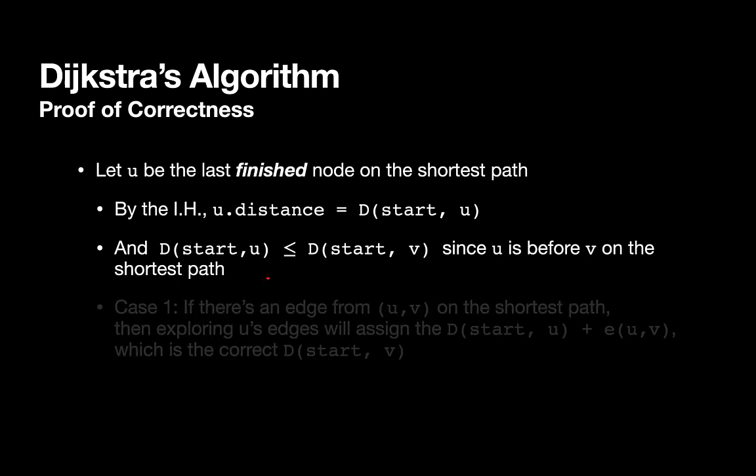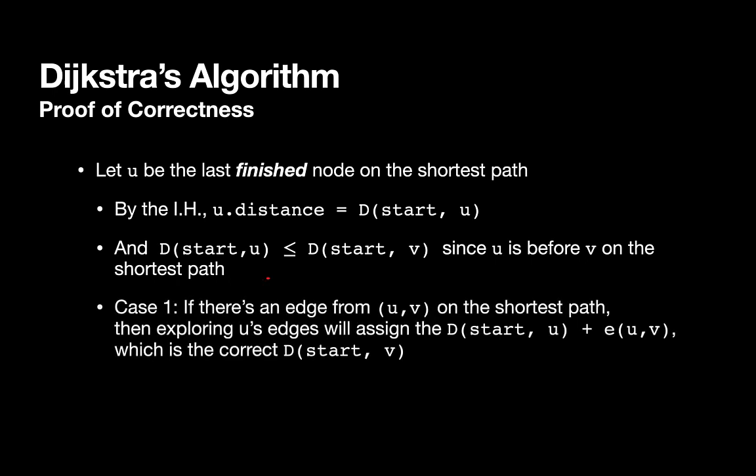So case number one is if there's an edge directly from U to V on the shortest path. Okay, so what I mean by that is we've got our start, meanders to U, and then there's an edge directly to V, and this path through that edge is on our shortest path. So when we explore U and expand its edges, we'll basically go ahead and update V to be the sum of the distance to U plus that edge weight, which would be its perfect distance.